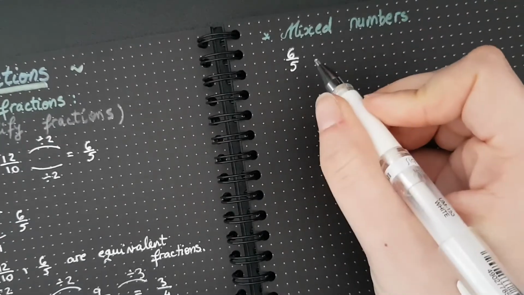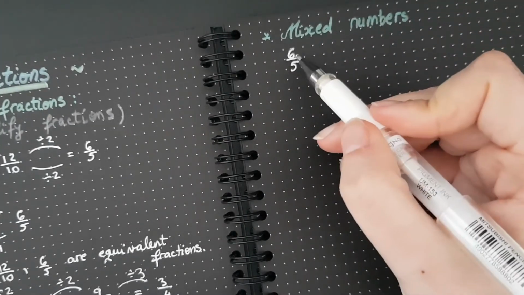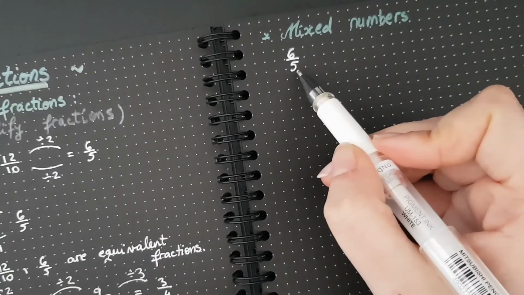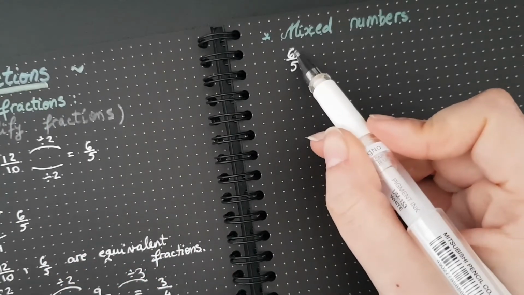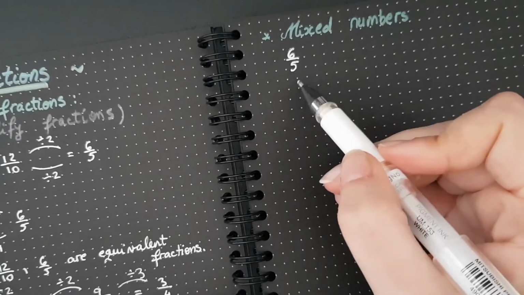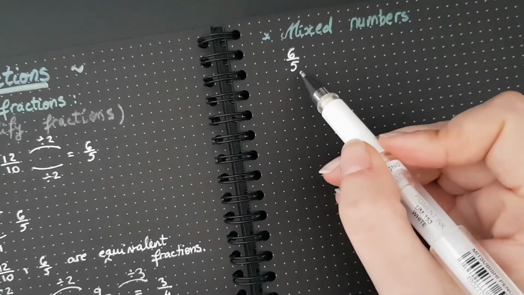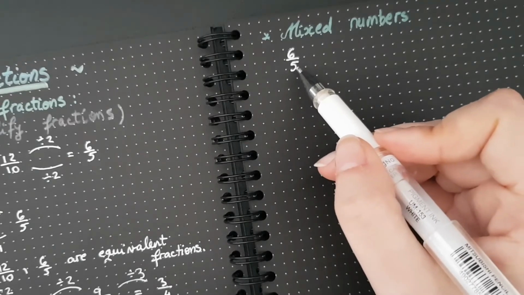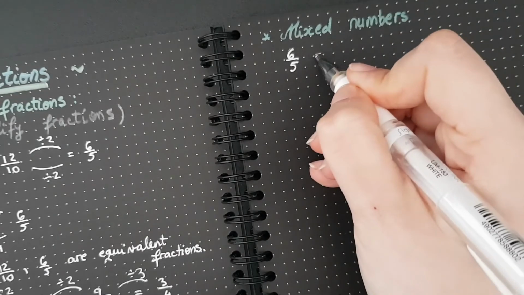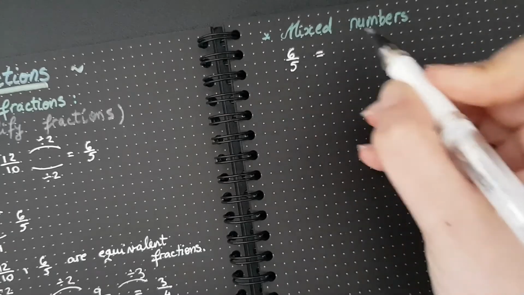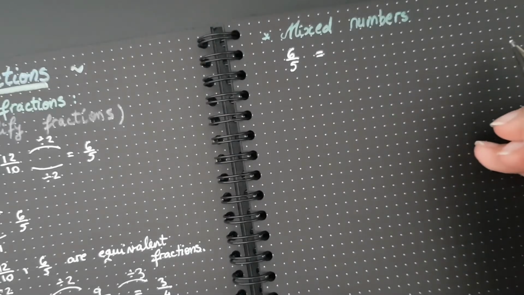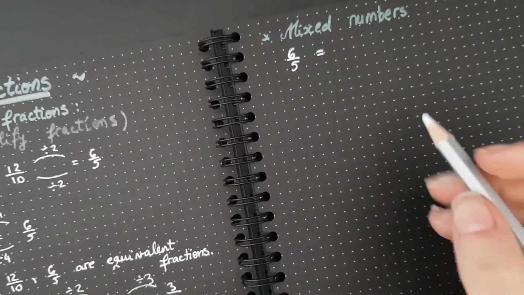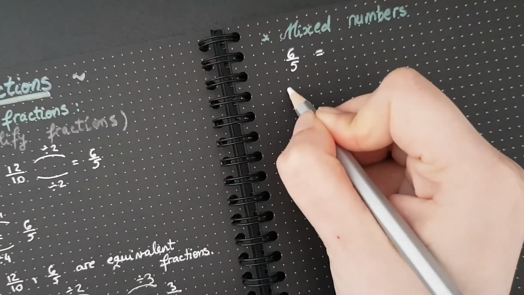So if you think of a fraction, imagine I have a whole that I've split into 5 and I'm taking 6 parts of it. Now obviously I can't take 6 parts if I've split it into 5. So what that means is that I have one full and then a little bit. Let me explain, because let me draw something. That probably did not make a lot of sense when I said it like that.